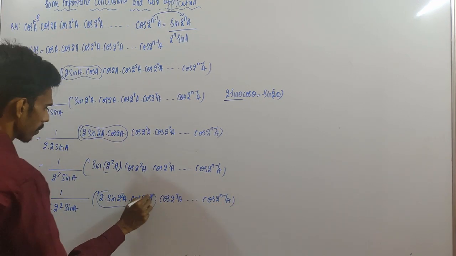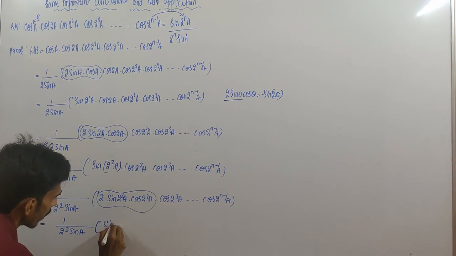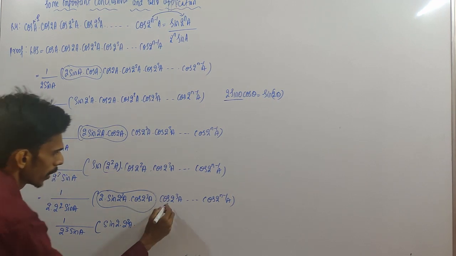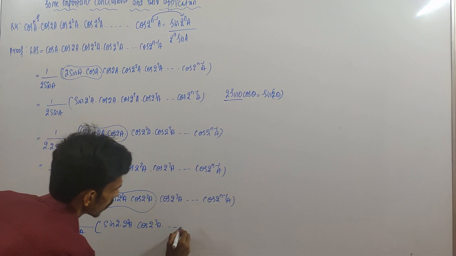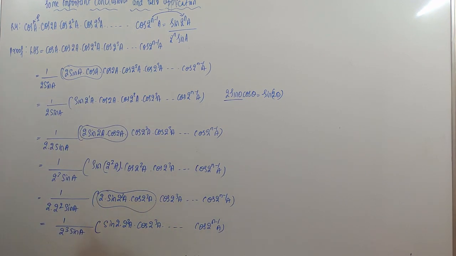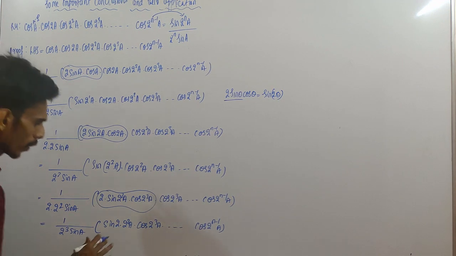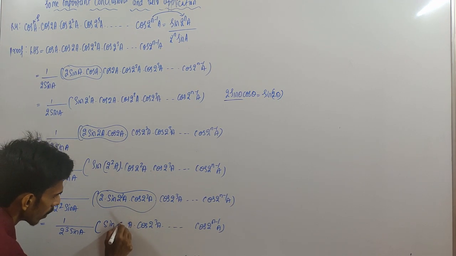Now this will become 1 by 2 cube sin A. This will become sin 2 into 2 square A into cos 2 power 3 A, up to and so on, cos 2 power of n minus 1 A. 2 into 2 power 2 is 2 power 3.